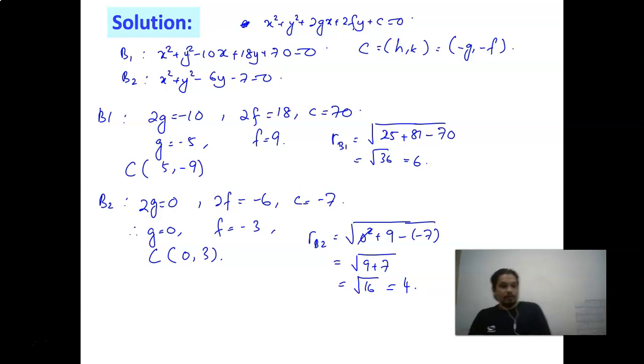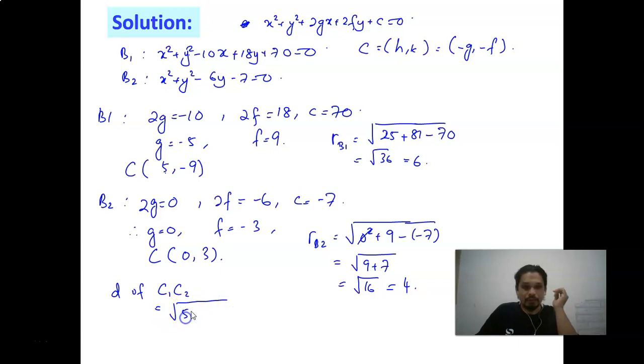So the distance between both of the centers of the circles, C1 and C2 here, is equal to the distance between this and this: square root of 5 minus 0 squared plus negative 9 minus 3 squared.